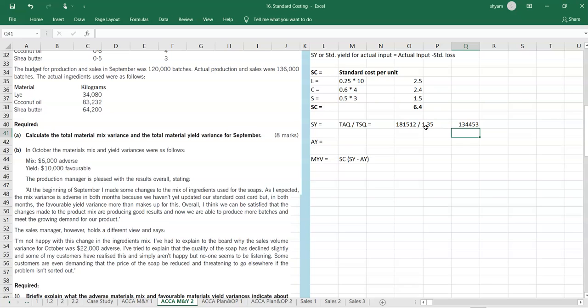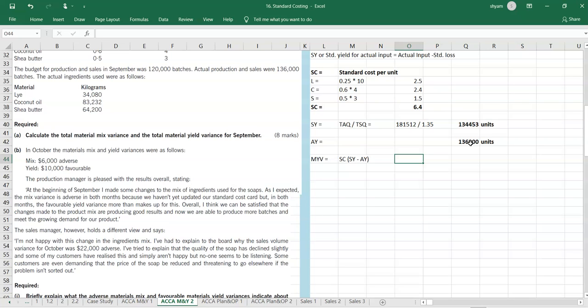That means the company should have produced this many units. So this is actually the units. Now let's get the actual units. Actually, how much did they produce? They produced 1,36,000. So let's get the formula rolling.